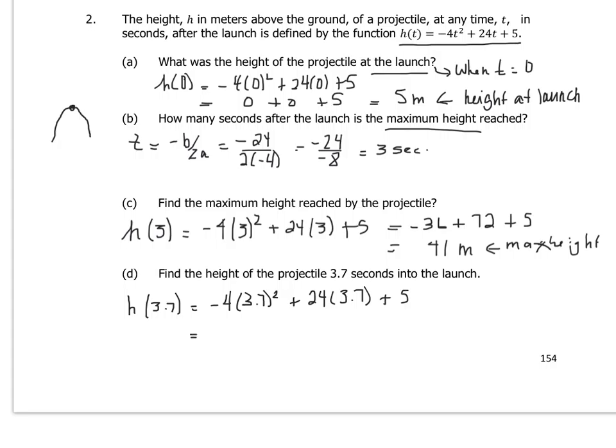And if you work that out, 3.7 squared times negative 4 is going to be negative 54.76, plus 88.8, which is 24 times 3.7, plus 5.